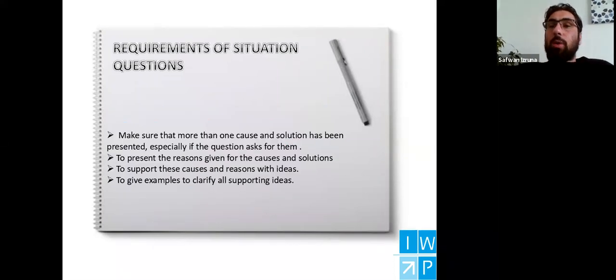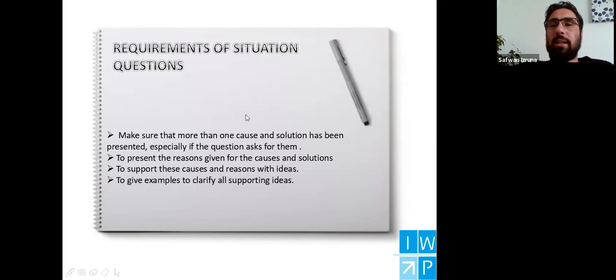Then we have situation essays. Situation essays are essays that give us a problem and ask us for causes and solutions. It is very important that we give more than one cause and more than one solution. So it's best to give two causes and two solutions.